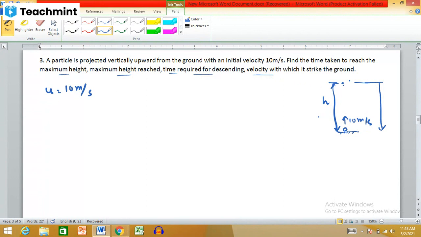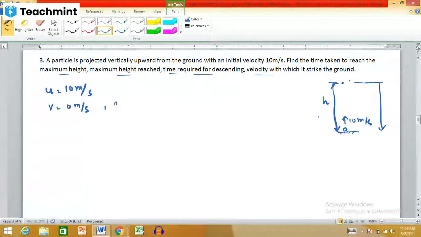When it reaches this point, it will stop for an instant. So the final velocity is 0 meter per second because it will stop for an instant and come back.